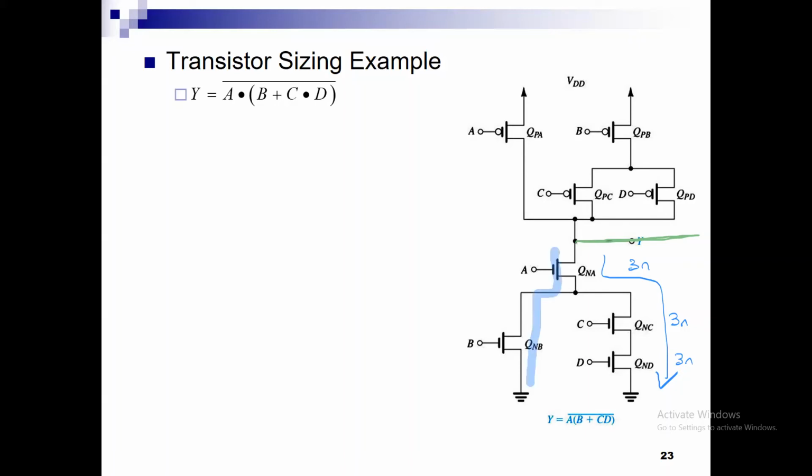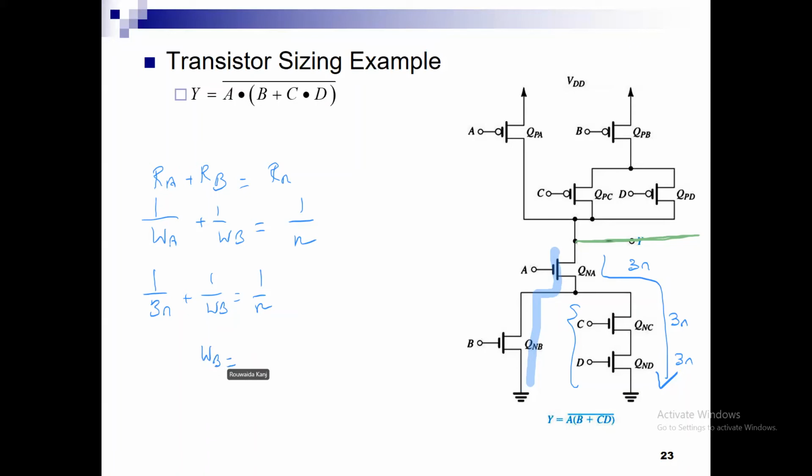Either by symmetry, I look at this compared to those two and say it should be half the width, or I simply write RA plus RB has to be equal to Rn, but R is inversely proportional to W. This means that 1 over WA plus 1 over WB is equal to 1 over N. I know WA, it's 1 over 3N, plus 1 over WB equals 1 over N. So I will end up finding that WB has to be equal to 1.5N. This is the straightforward derivation way.